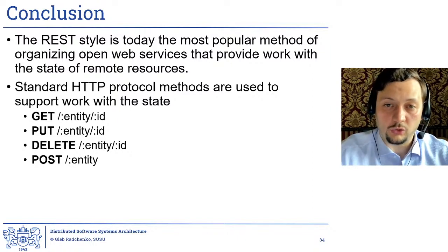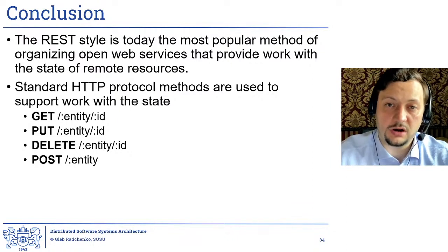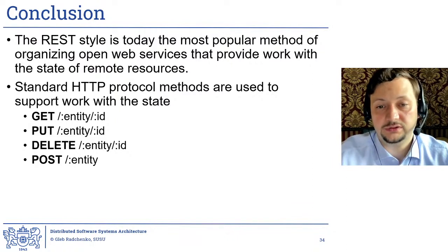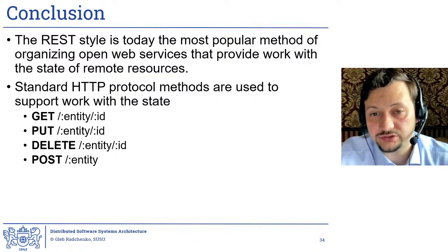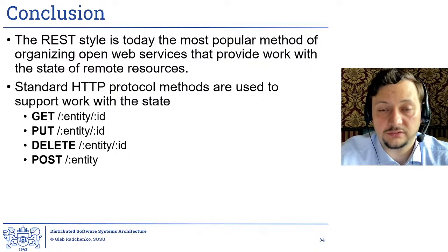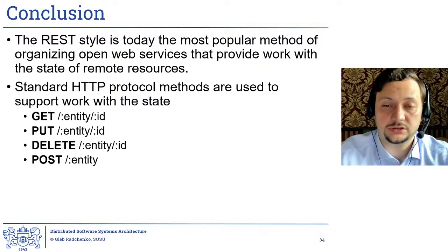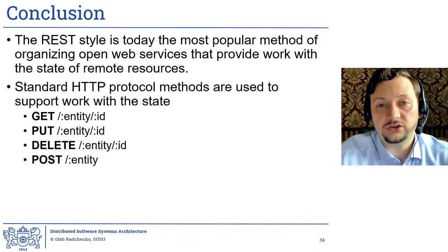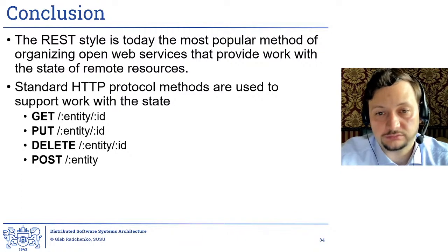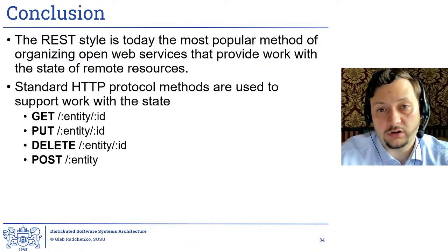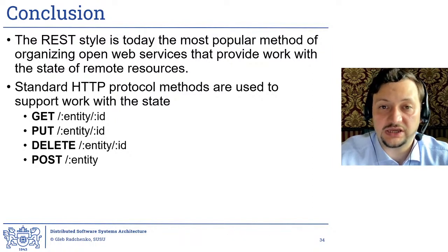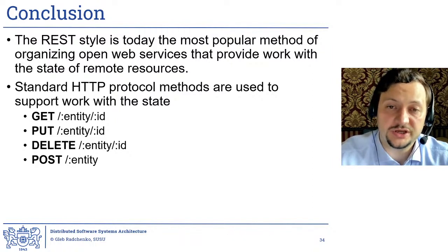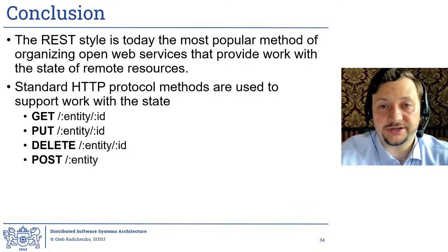And when you work with the remote resources, you commonly would use the get method to get the information about the remote resource, the put method to update the information on the remote resource, the delete method to delete the entity, and the post method to create a new entity in the collection. REST is based on the HTTP protocol and it uses the standard HTTP methods, requests and responses to organize the work with the remote objects, with the remote resources for the user.